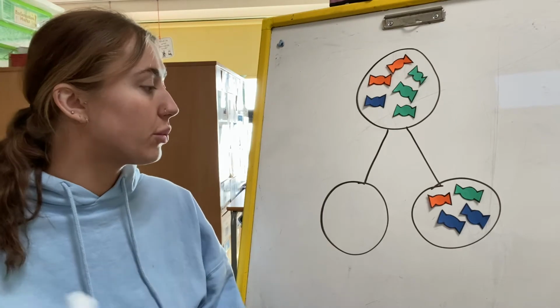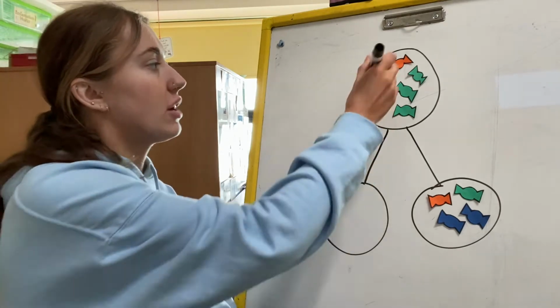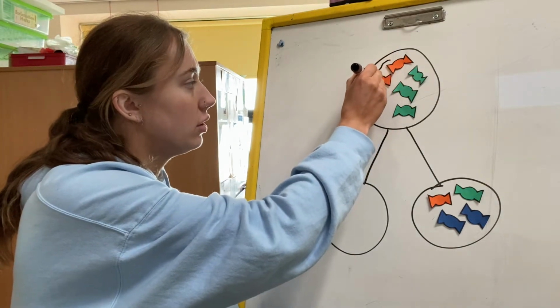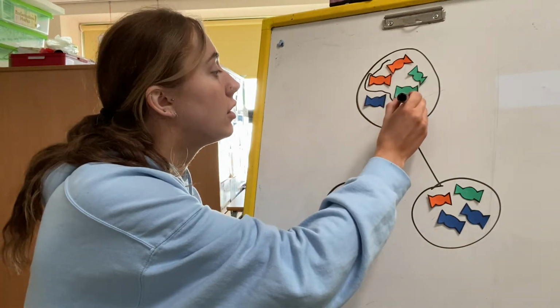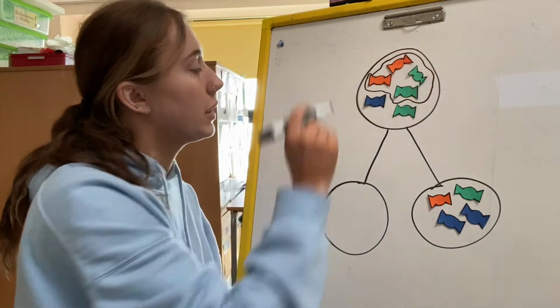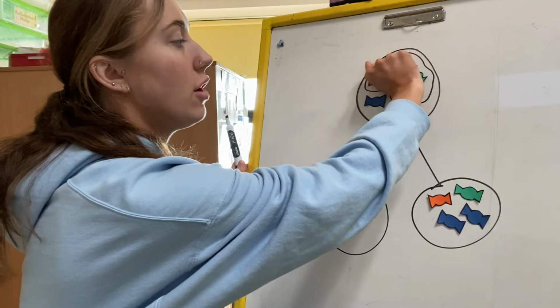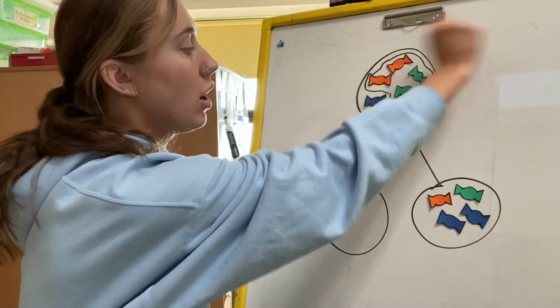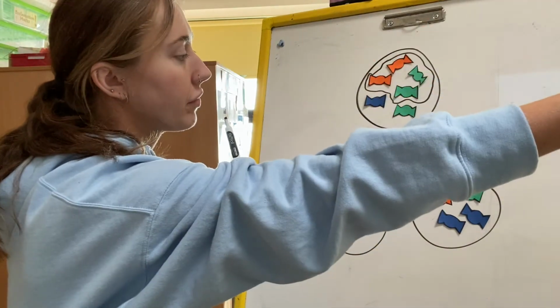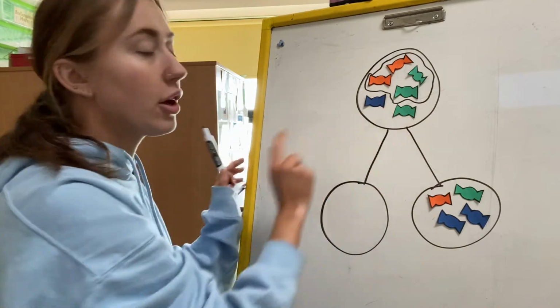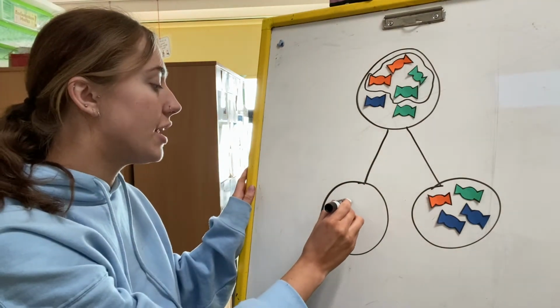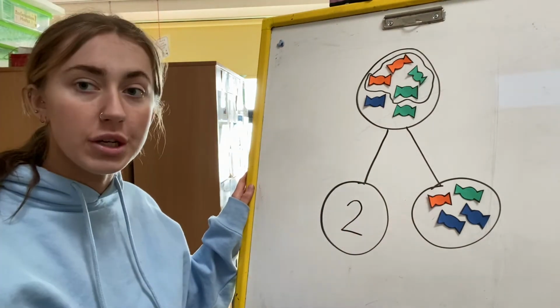So we know that we still have 4, so if we circle that in our hole, we can see that we've got 4, so let's take them away from the hole. We've got 4, let's take them away, and we've got 1, 2, we've got 2 left. And how do we write this in an equation?